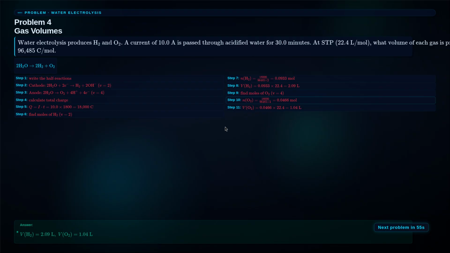Moles of O2 equals 18,000 divided by 96,485 times 4 equals 0.0466 moles. Volume of O2 equals 0.0466 times 22.4 equals 1.04 liters.